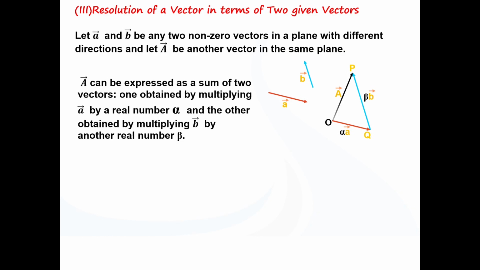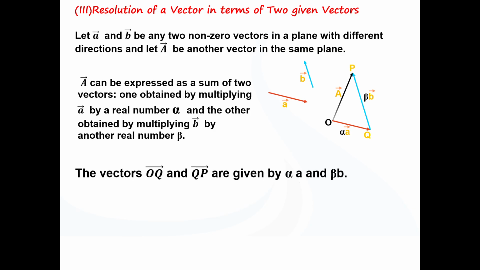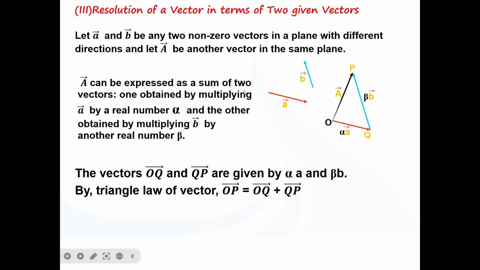Vector P can be expressed as the sum of two vectors, one obtained by multiplying a real number alpha with vector A and the other obtained by multiplying vector B by another real number beta. The vector OQ and vector QP are given by alpha into A and beta into B.